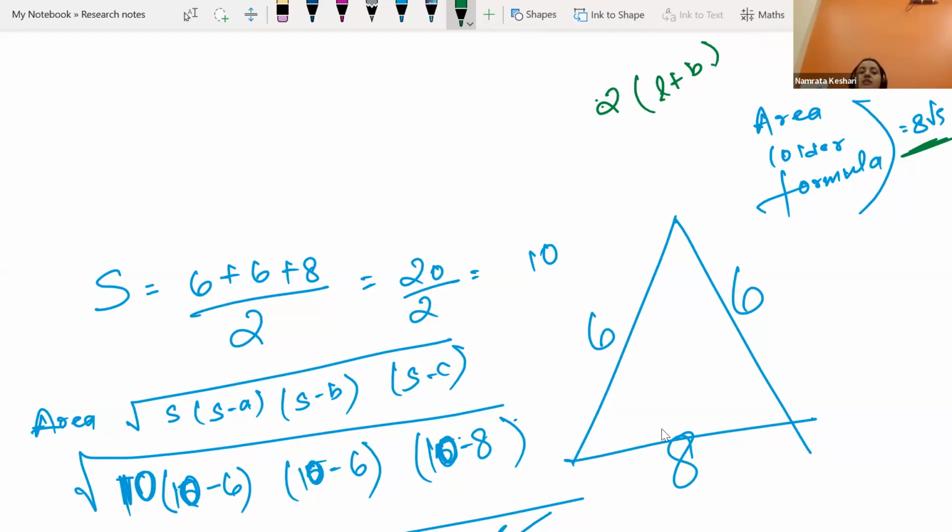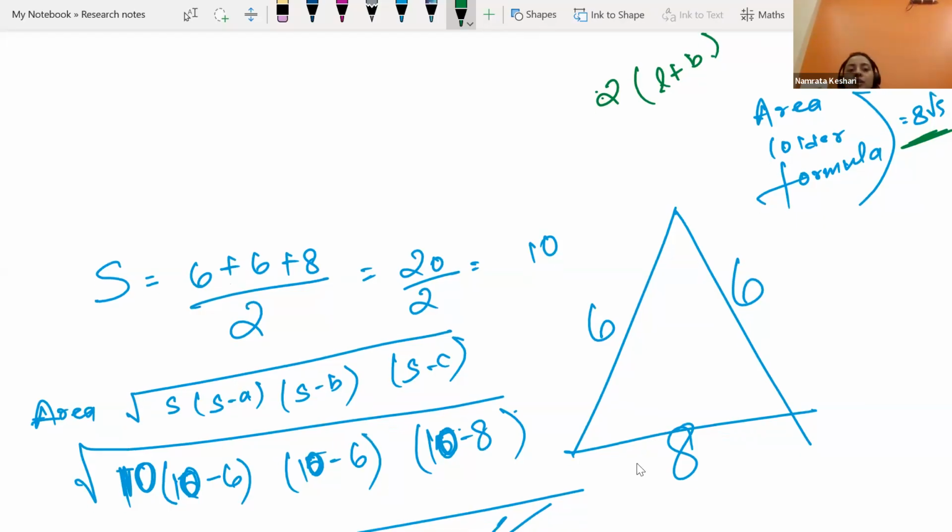When a triangle's three side lengths are given, we will use this formula. When we know the height of the triangle and the base, then we can use the older formula, and both formulas will give the same result.